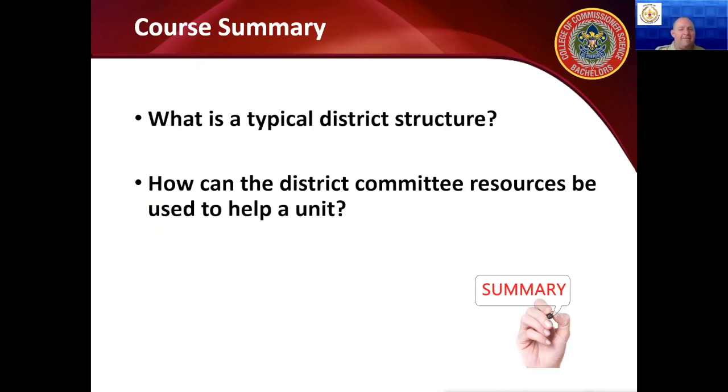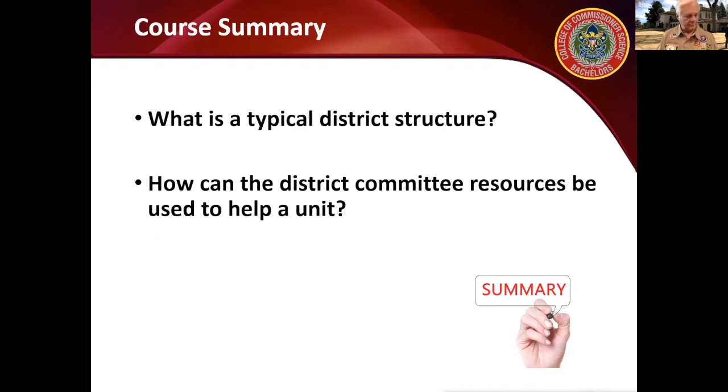Can anybody name the 4 functions of the district? Membership was one. Program, unit service, and fund development. Yep, those are the 4. And what are some key operating committees of the district? Advancement.